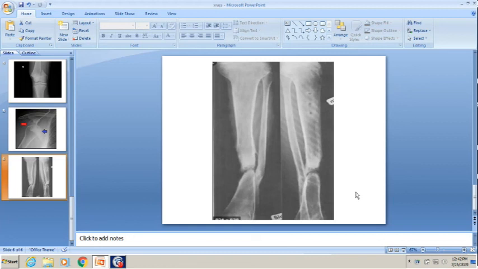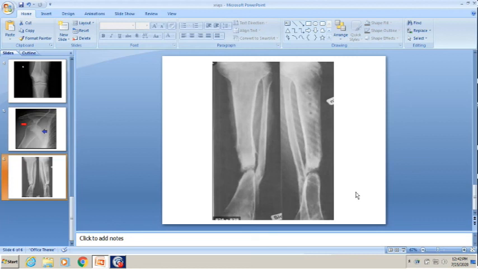What else? Sometimes intra-articular non-unions, when they are nearer to the joint, are also painful.